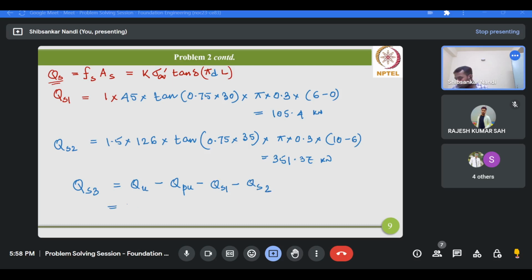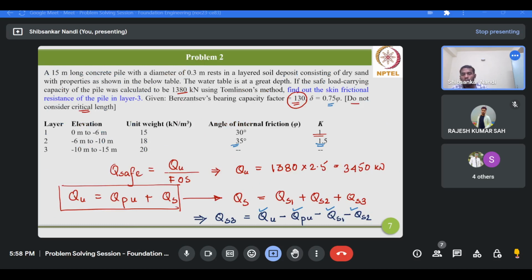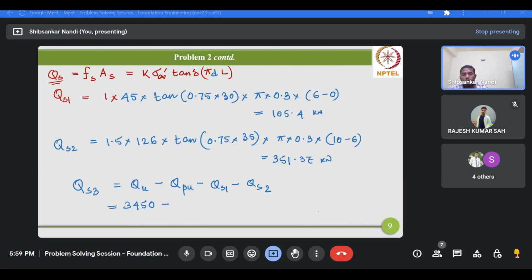Now QU, this is 3450. Okay, this is given in this problem, or rather the safe load bearing capacity is given. So when we multiply the safe load carrying capacity with the factor of safety, we get the ultimate load carrying capacity. Now we calculated the point bearing resistance as 2407.56.